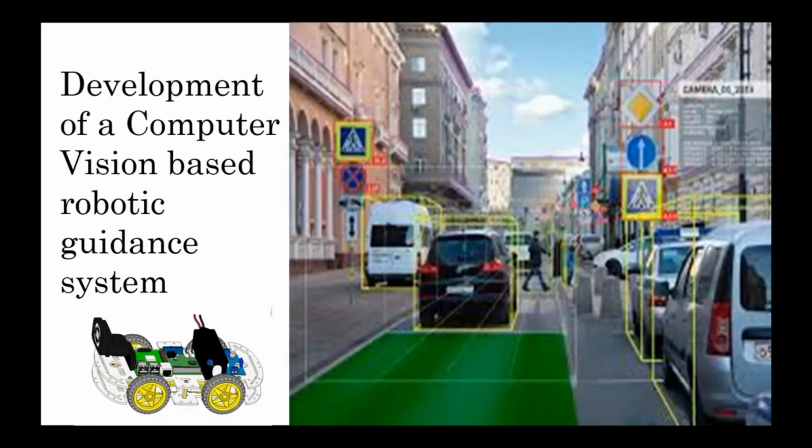Let's talk about some upcoming projects in this channel. Currently I am developing a computer vision based robotic guidance system. Here, as you can see, this is the car I will be using. I have generated this car in 3D parts, then I used a Raspberry Pi with an onboard camera.